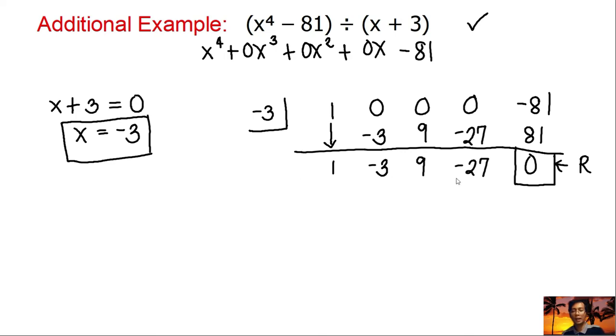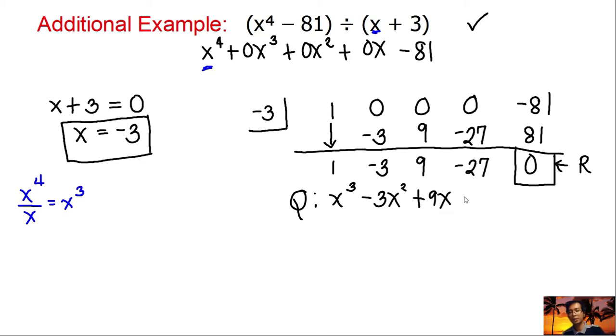So, kunin natin ang ating quotient. Since nag-start ka kay x to the fourth divided by x, x to the fourth divided by x is equal to x cubed. Tama. Doon ka po magsisimula sa iyong quotient. So, our quotient will be x cubed, minus 3x squared, sunod-sunod na po yan, plus 9x minus 27.